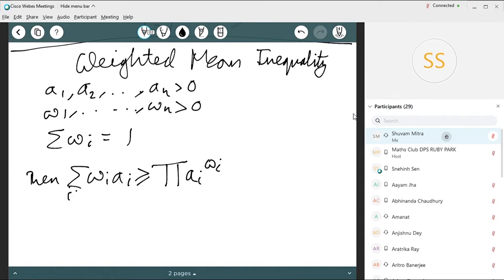The ranges are i equal to 1 to n always, don't forget to give this. And this is greater than or equal to our weighted harmonic mean, 1 over the sum for i equal to 1 to n of wi by ai.